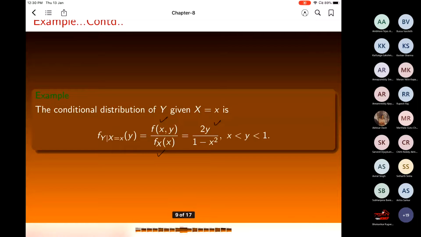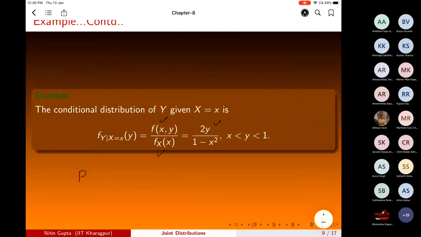No, you have to find out the probability basically. For example, I want to find the probability that, let us say, this random variable, if I represent it by u, which is y given x is equal to x.